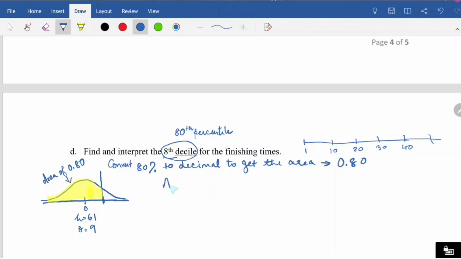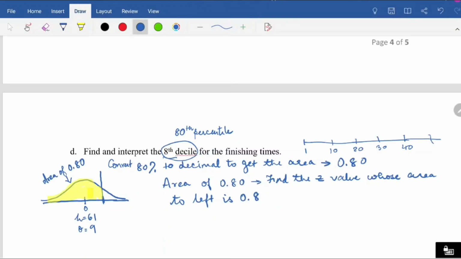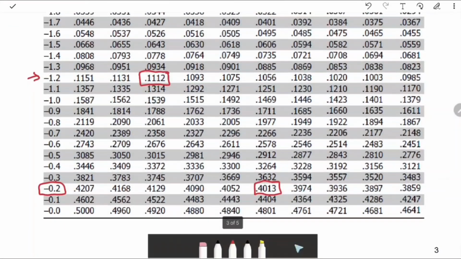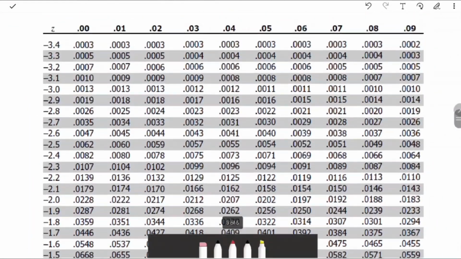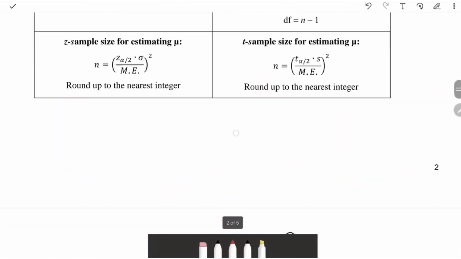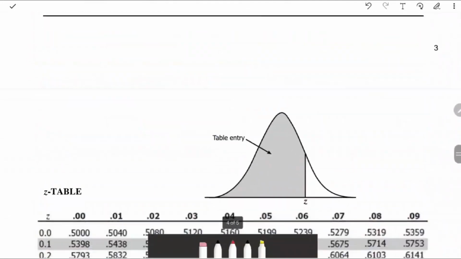So now that we have the area of 0.8, find the z value whose area to the left is 0.8, correct? Go back to our table, and now we have to look for where 0.8 is in the middle section of the table.